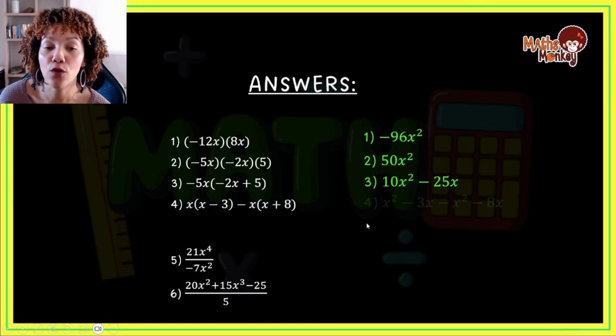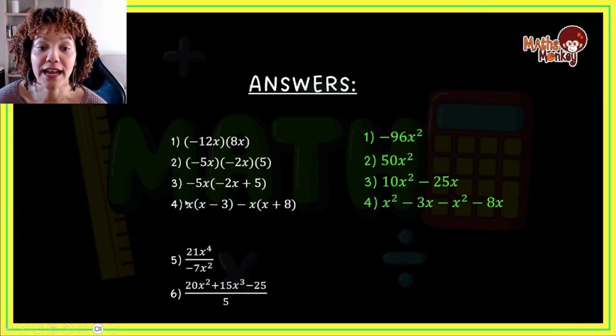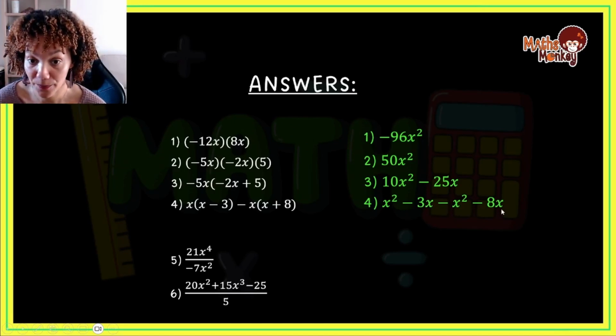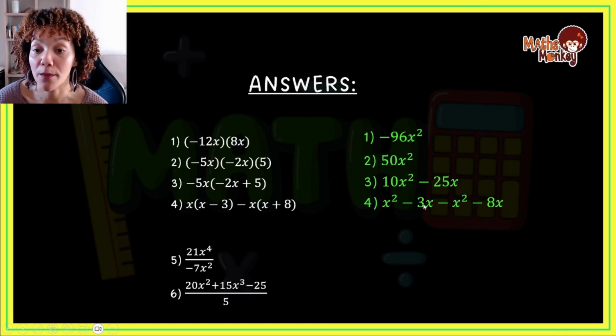Okay, number 4, you will then have multiplied this. Remember, this is now two terms, so you would have solved them separately, right? So this will give you x squared minus 3x for the first bracket, and then the next term is negative x, which would give you negative x squared minus 8x. Okay, and then we will do like terms.